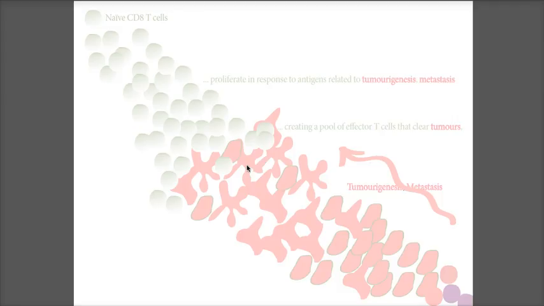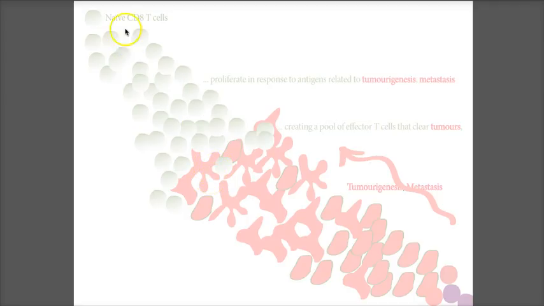And if the cancer is going to progress and not be detected, this is the point in the process where the failure occurs, where naive CD8 T cells do not recognize the antigens on the surface of cancer cells. So in this area, that's what my diagram is attempting to show.